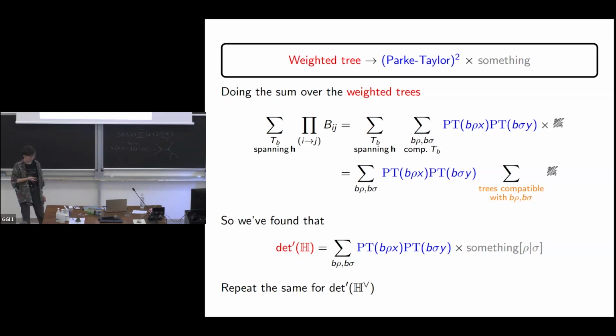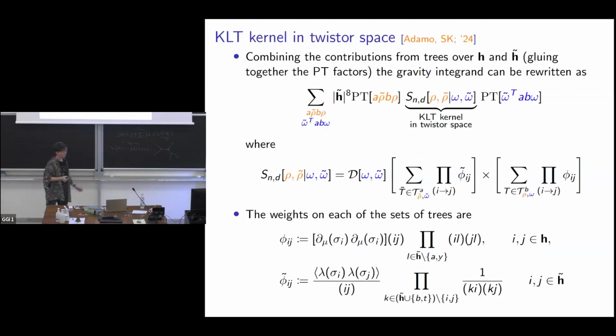So we can glue together these two contributions from det H and det H-dual, and we find that our gravity integrand can equivalently be written in this form, where this is the object that we call the KLT kernel in twistor space. And these are basically the integrands for Yang-Mills.